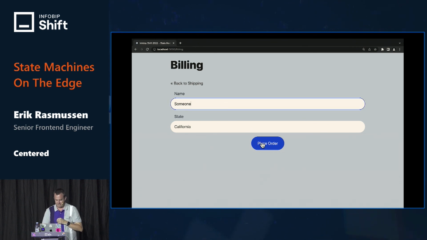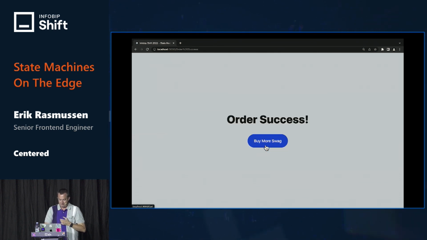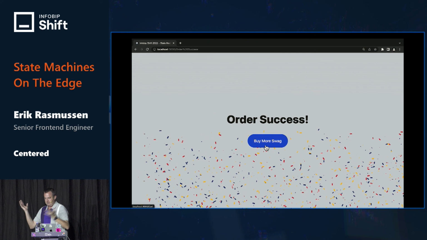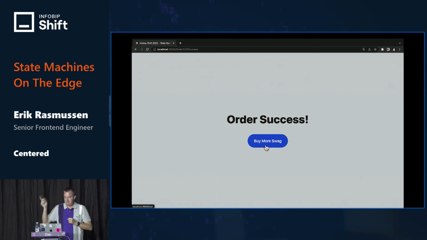And of course, I can hit the back button and the forward button, and that's doing the same sort of thing. It's using that go-to thing to tell the machine what state to be in. And now when I hit place order, it works. And believe it or not, that confetti is CSS, no JavaScript.